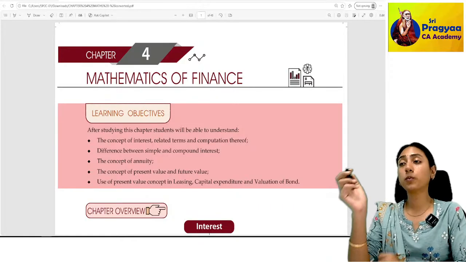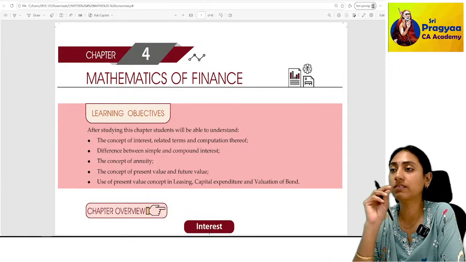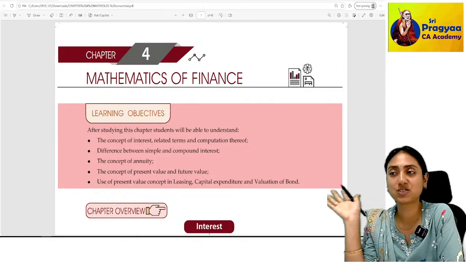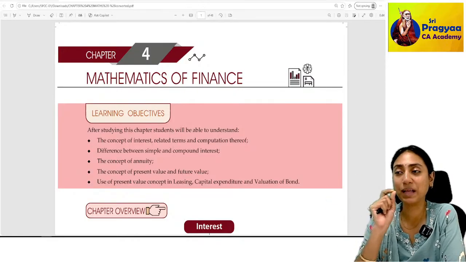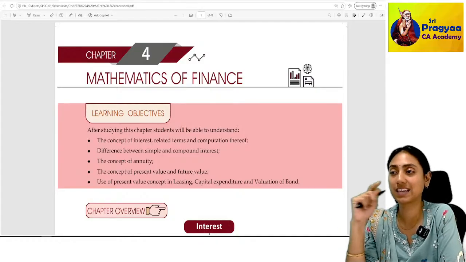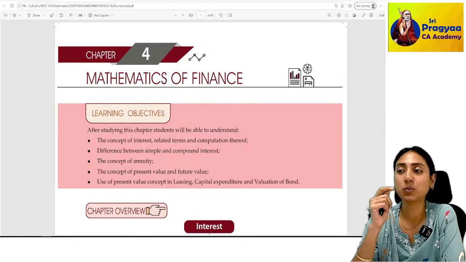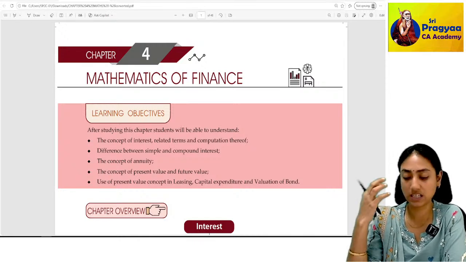Next, slowly we are moving closer to accounts, where your mathematical concepts are accounts related. More than the first chapter, the second chapter would be more significant in terms of costing.